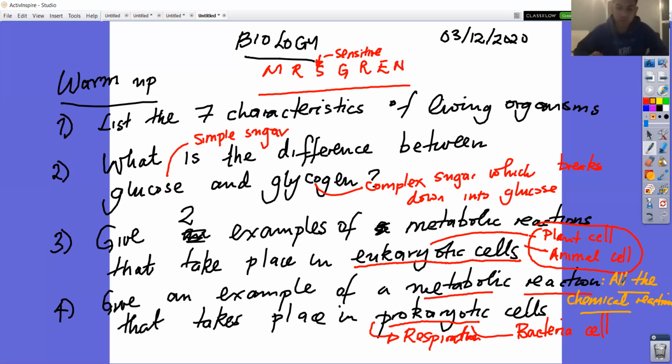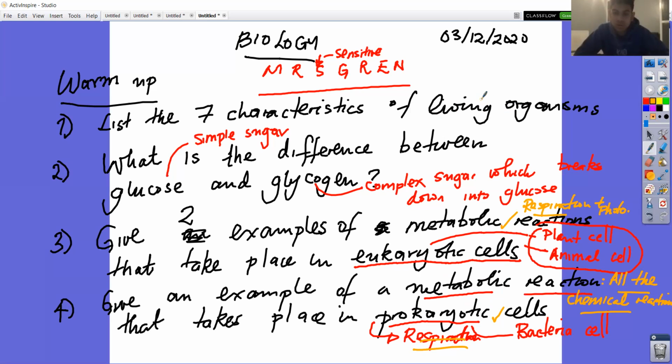Okay, so it's a living thing, so respiration would be an absolute target for that one. You mentioned respiration and photosynthesis, which was good. And so these two are common to eukaryotes and prokaryotes because they are living things.